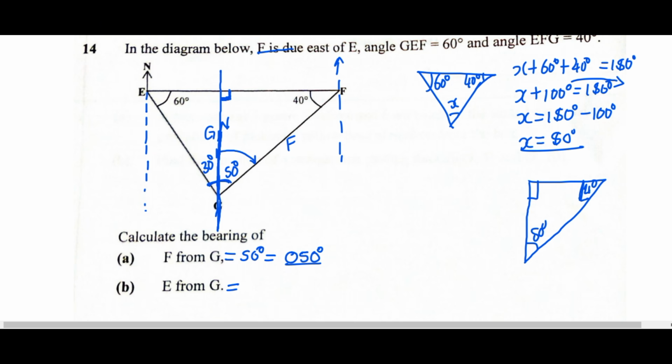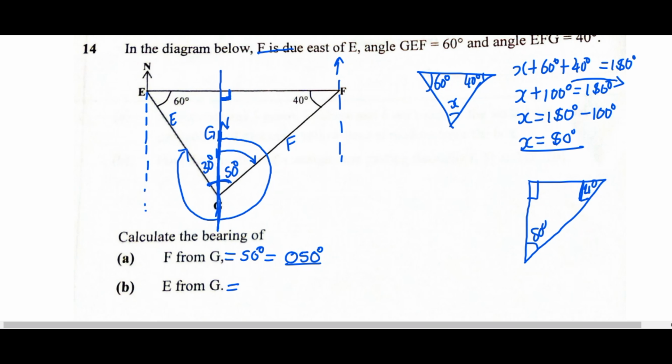E from G. So now this line is still G. Now this time we are coming from this G, we move all the way up to line E, because this is our E. So we've seen the reason why I started by finding 30.